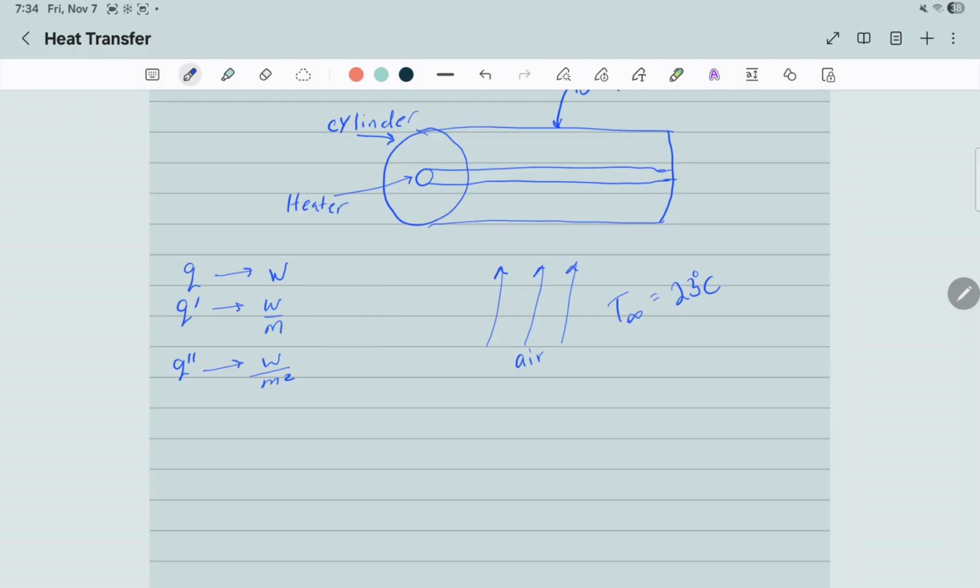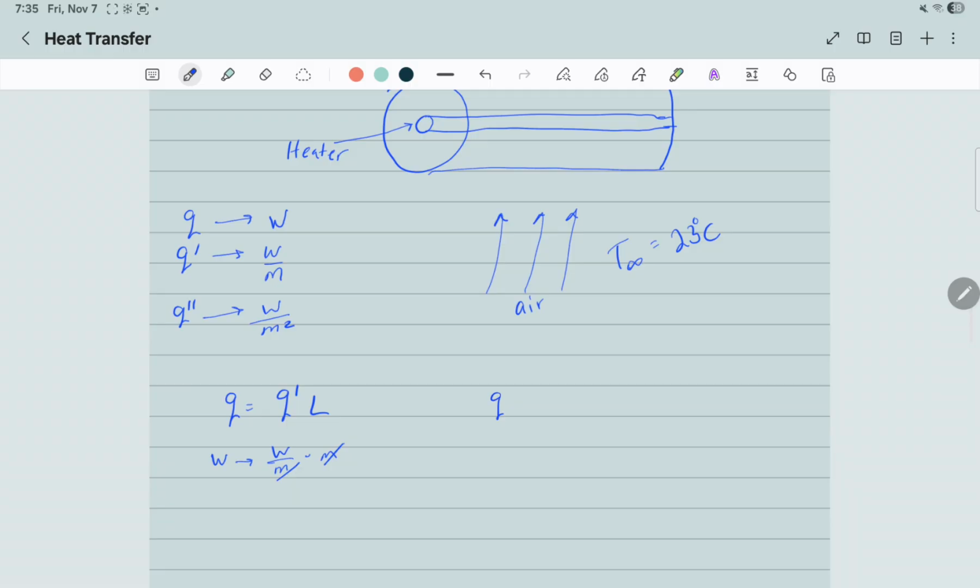Let me write it down here. Therefore, Q equals Q prime times L. This has units of watts, and this has units of watts per meter times meter, which will cancel out, so both sides will have the same unit.